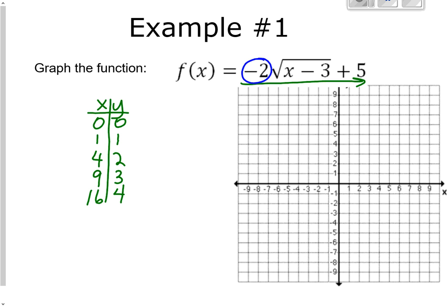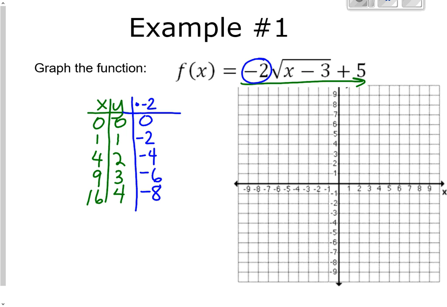So when we're using our table of values, we can combine that, because instead of multiplying my y values by a -1 and then multiplying my y values by a +2, we can just combine that into one step. So we're going to multiply all our y values by -2. And when I do, I get 0, -2, -4, -6, and -8.